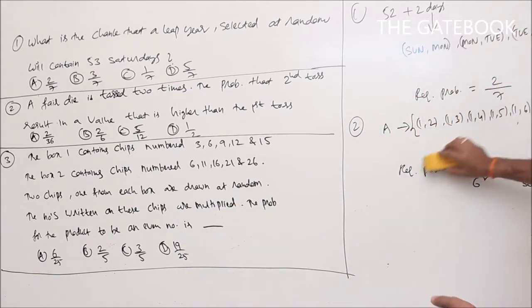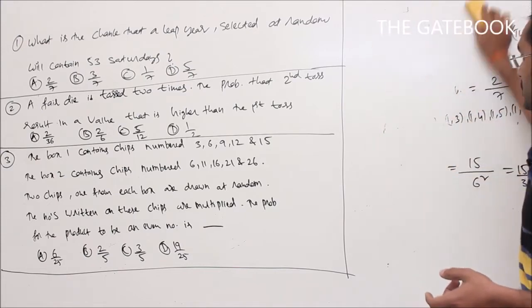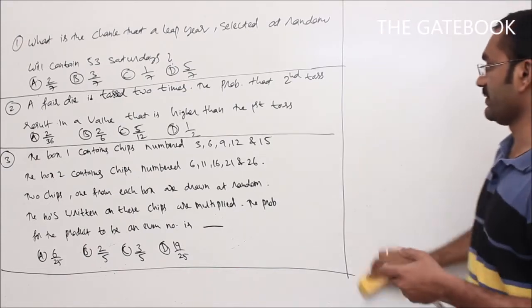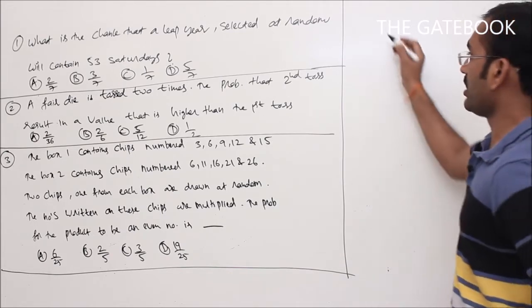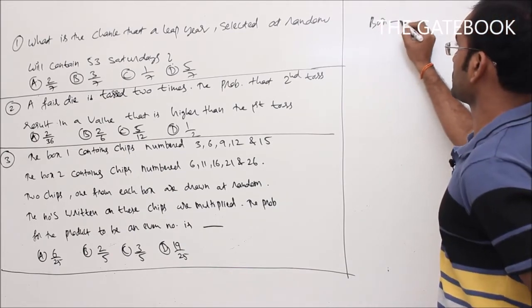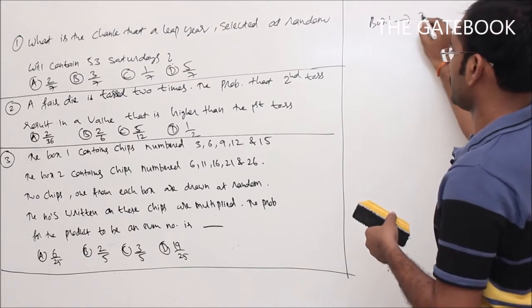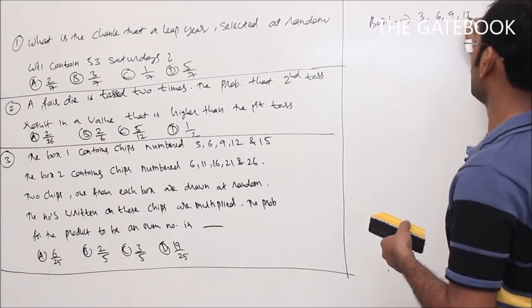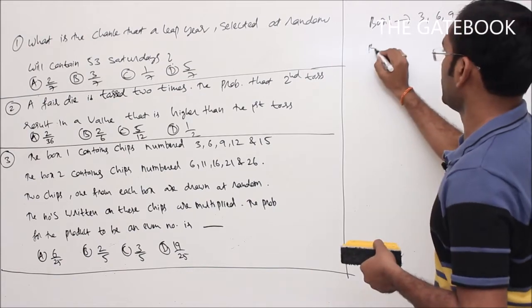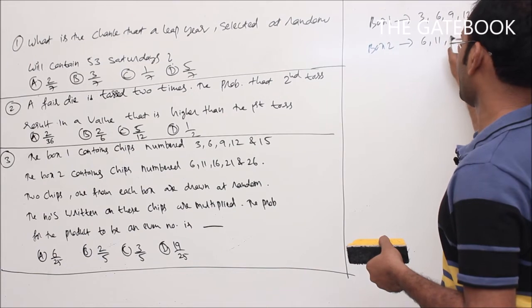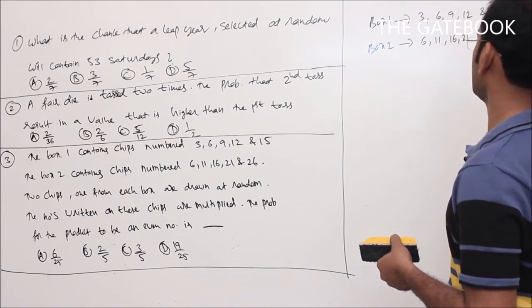When will you get an even number? See here, box 1 contains chips 3, 6, 9, 12 and 15, and box 2 contains chips numbered 6, 11, 16, 21 and 26.